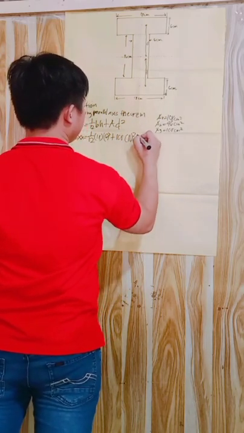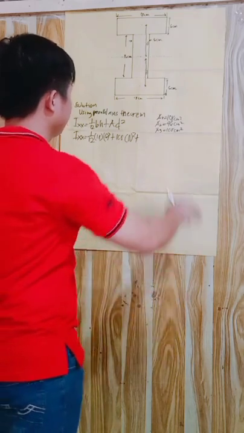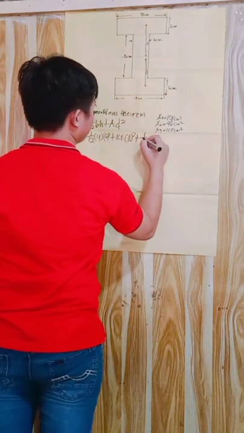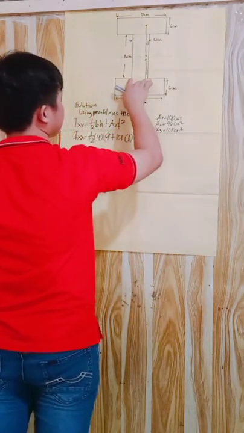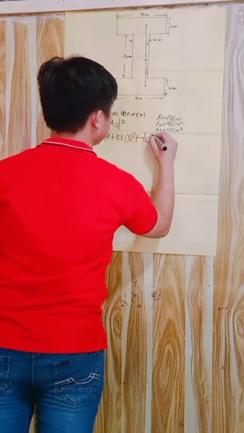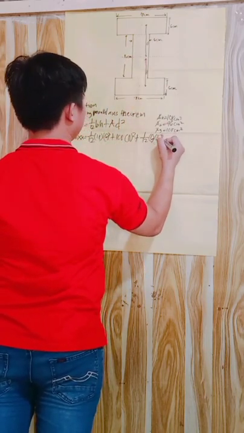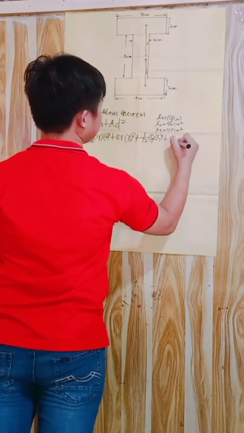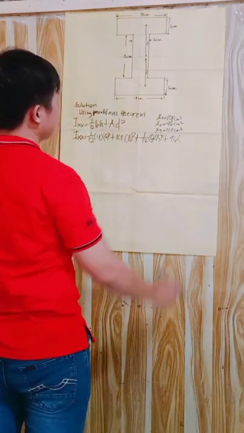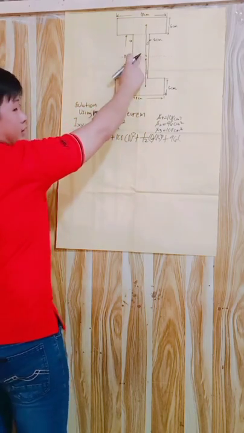11 squared. Then area 2: 1 over 12 times base 6 times height of 16 cubed, plus 96 times, of course, 0 because it is at the origin.